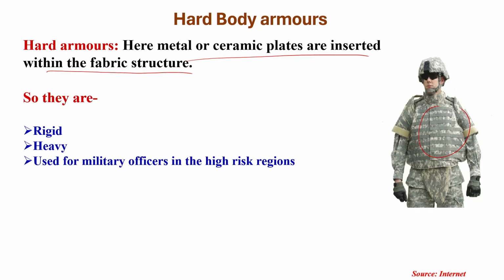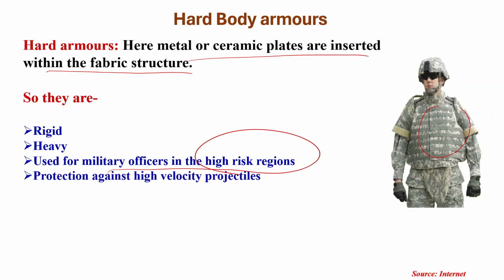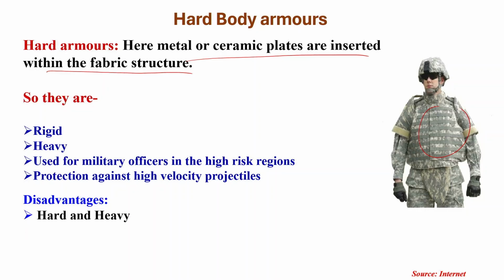This is used for military officers in a high risk zone, where it will protect from high velocity projectiles. The main disadvantages are that it is hard and heavy, and restricts body part movement.